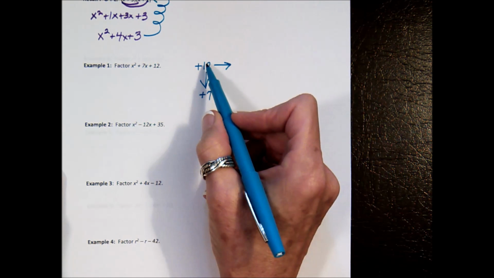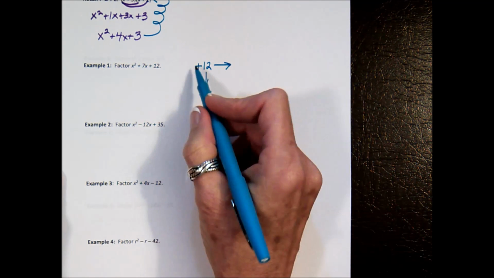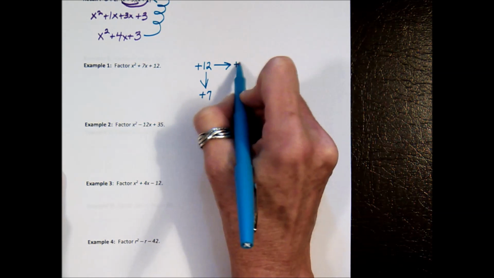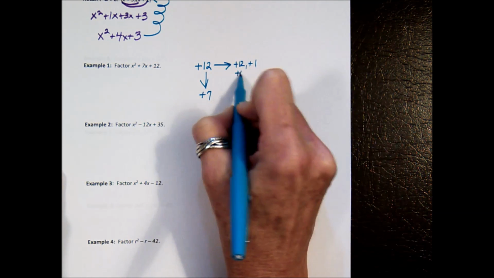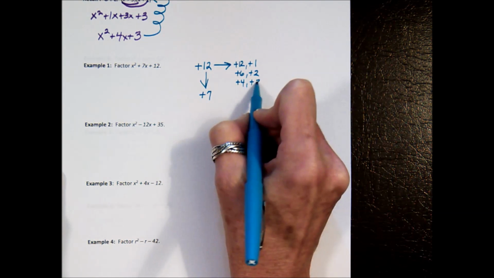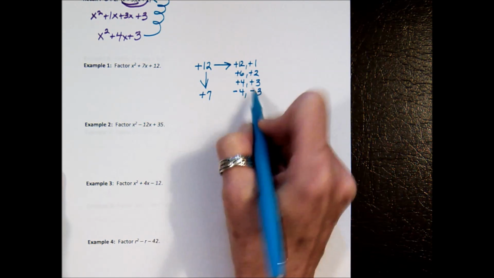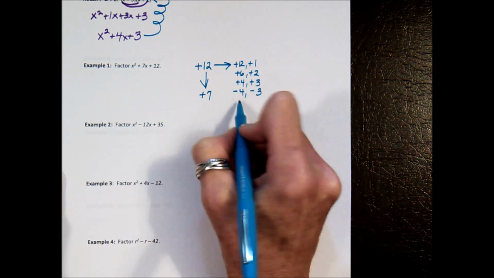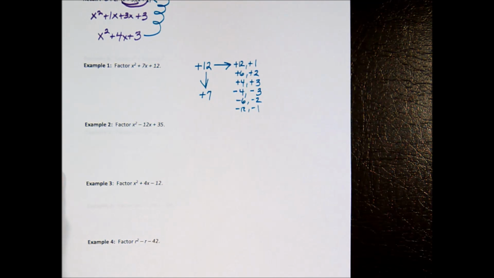So I want two numbers that multiply together to make positive 12, and when I add them they make positive 7. So let's think about numbers that make positive 12. Positive 12 times positive 1, positive 6 times positive 2, positive 4 times positive 3, negative 4 times negative 3, that still makes a positive 12, negative 6 times negative 2, and negative 12 times negative 1.